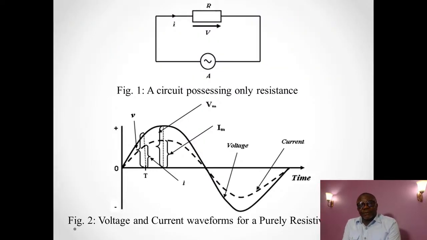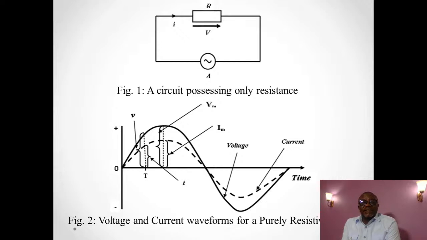So you look at the diagram we talked about, Fig. 1, we have said when you see a small circle with a coil line inside, it means that it is an alternating supply and not a DC. So you see our alternator there representing the alternating supply, then the R, which is the resistor.